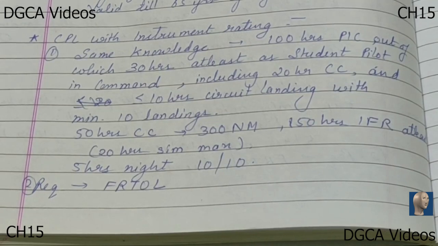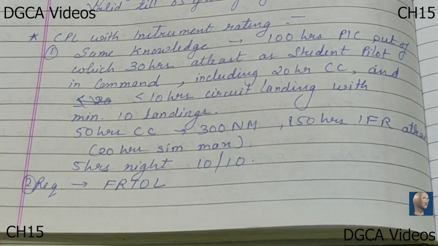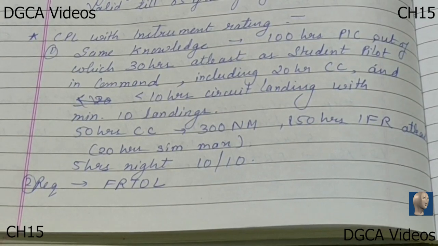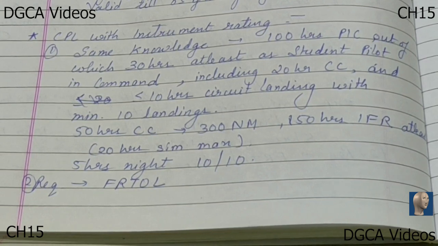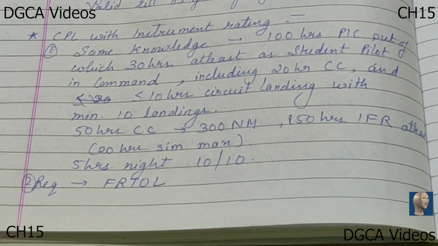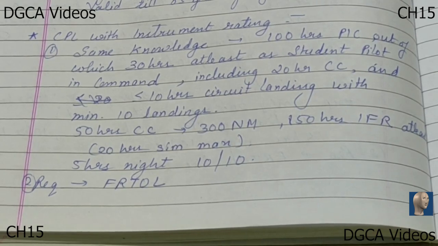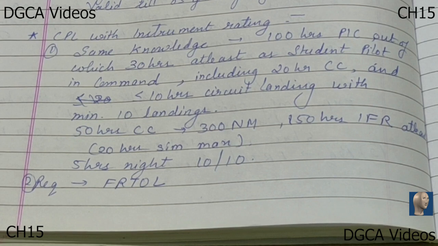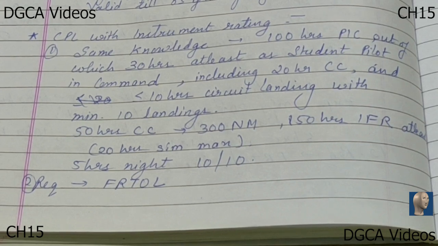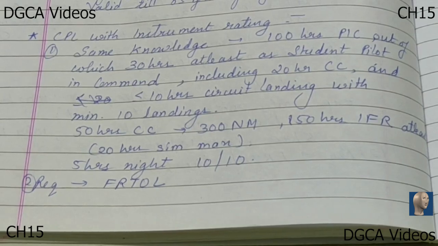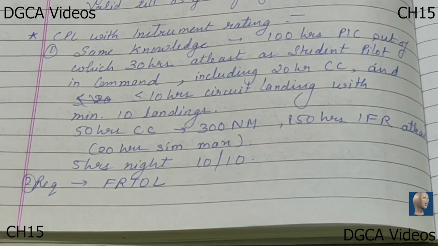CPL with instrument rating. So instrument rating is added here. The knowledge part is the same as that of the CPL. You have to clear the written examinations, and 100 hours as pilot in command, out of which at least 30 hours as student pilot in command, including 20 hours of cross country, and not less than 10 hours circuit landing with minimum 10 landings.